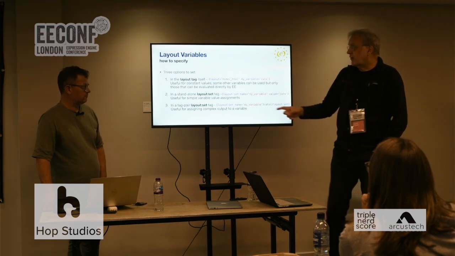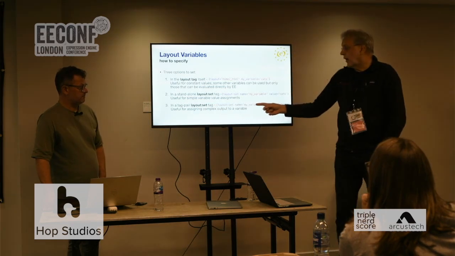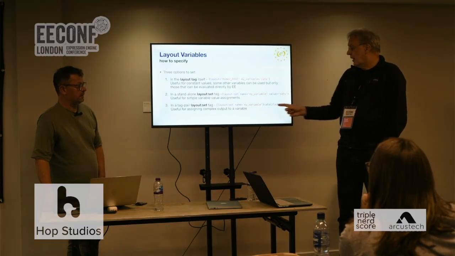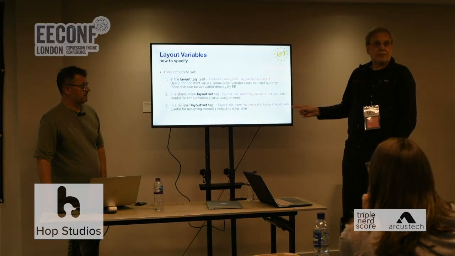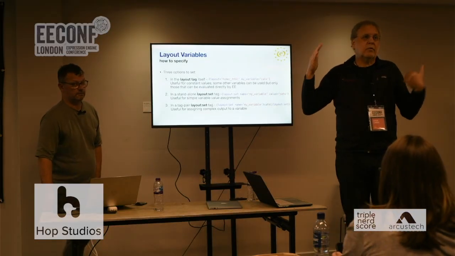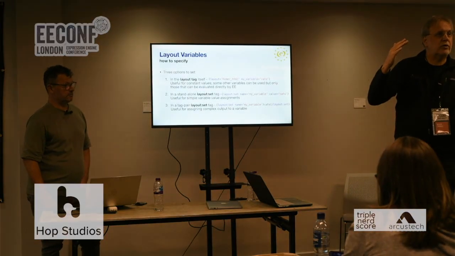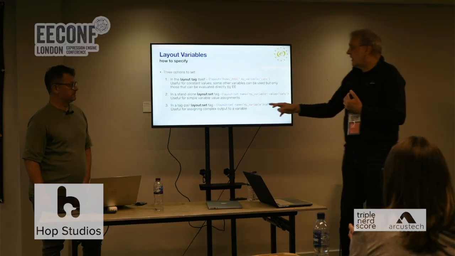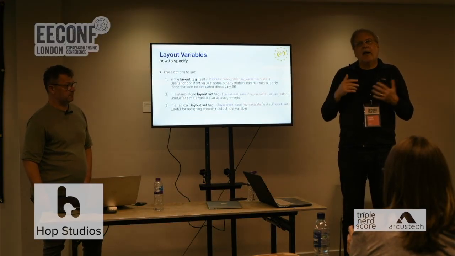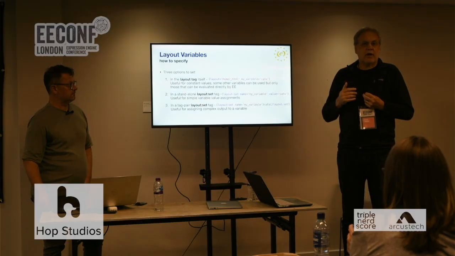And the third way of doing it is to use a tag pair, where you have an opening variable, some stuff, and a closing variable. And this some stuff can be huge. It can be acres and acres of HTML if you want it to be. Basically, these layout variables contain any kind of string that you can imagine, and within reason, it can be as big as you can imagine as well.